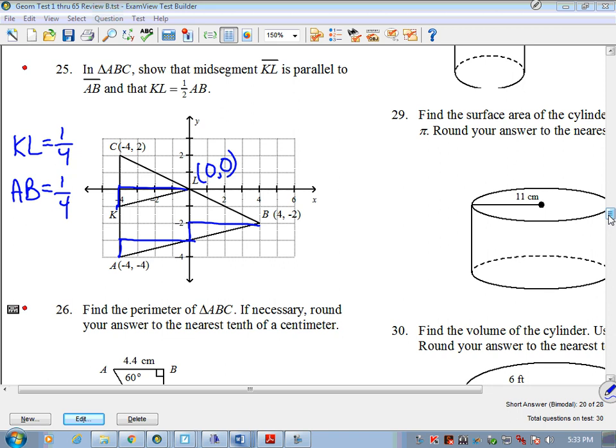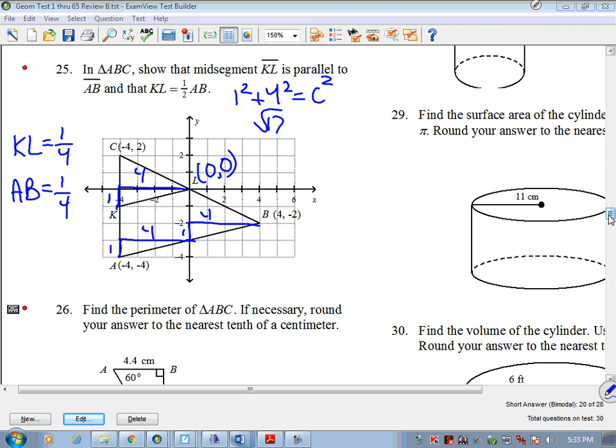Okay, then we need to find the distances. We need to see that it's half the distance. Well, that's 1/4. So we could do 1 squared plus 4 squared equals c squared. 1 squared is 1. 4 squared is 16, so I'm going to get square root of 17. As we've already seen here, this is 1, 4, 1, 4. You could look at that as 2 squared plus 2 squared plus 8 squared if you wanted to.